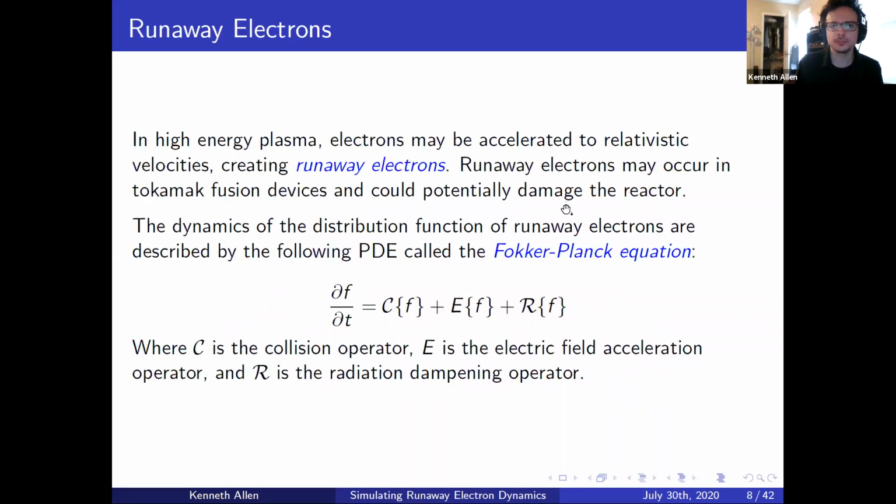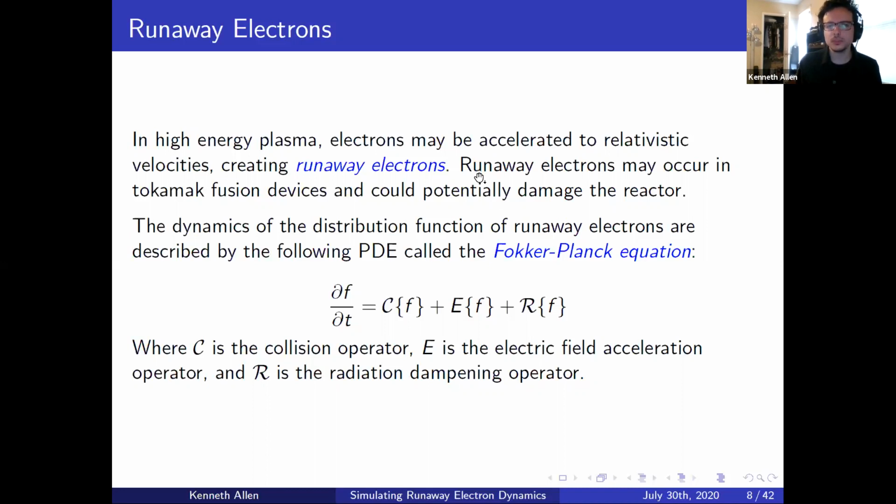Okay, so basically the phenomenon in particular that I'm studying is the so-called runaway electron phenomenon. Runaway electrons can happen in high energy plasma, which is exactly what we have in these tokamak devices.